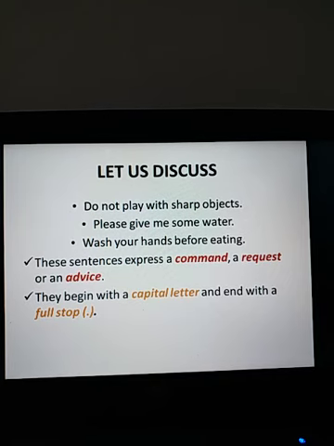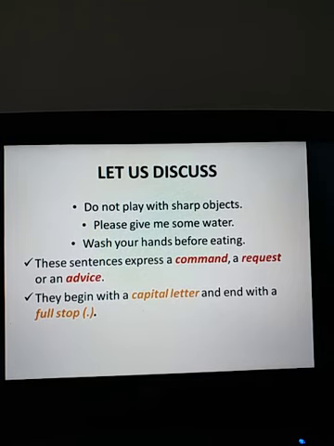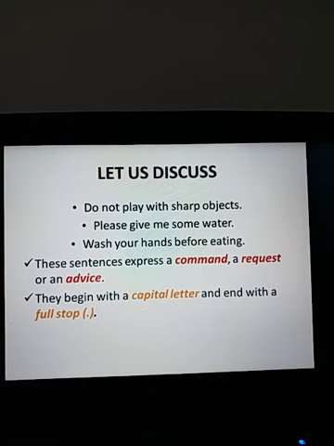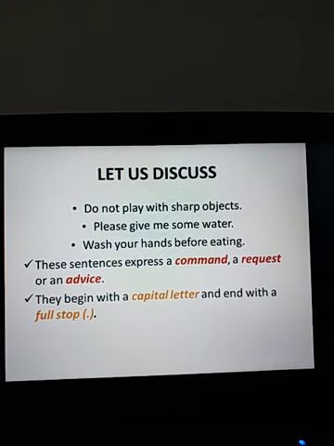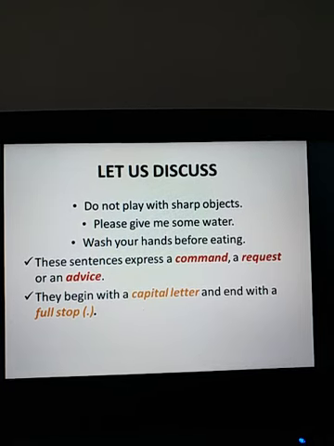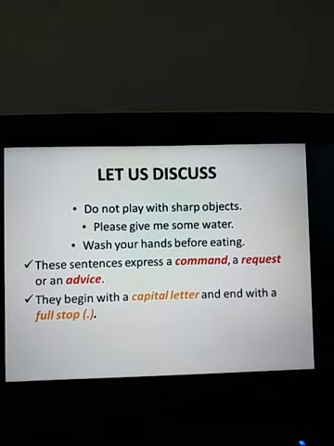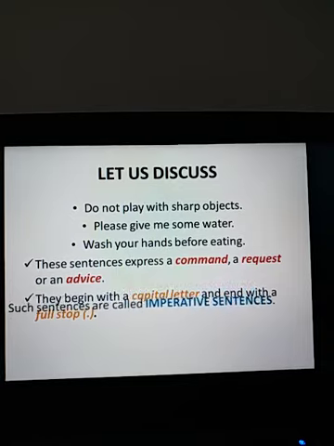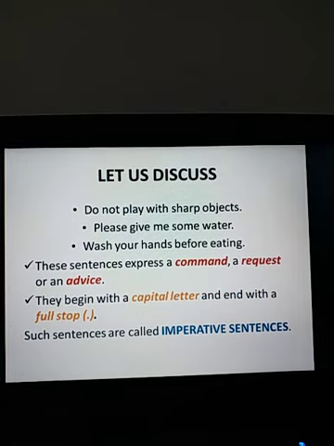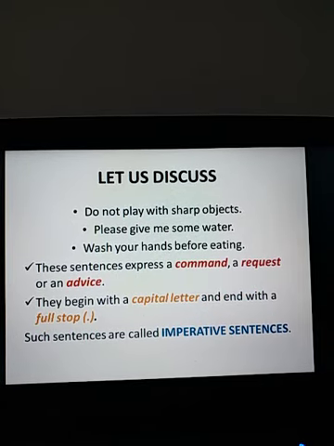Whereas in this case, you can see they do not give us any information or state any fact. They tell us about a command, a request, or an advice. Such sentences are called imperative sentences.